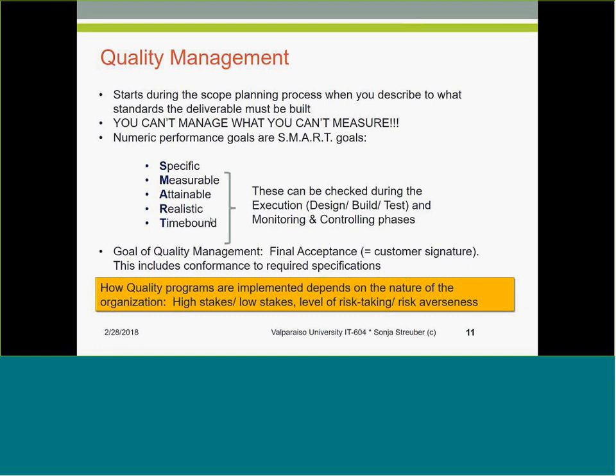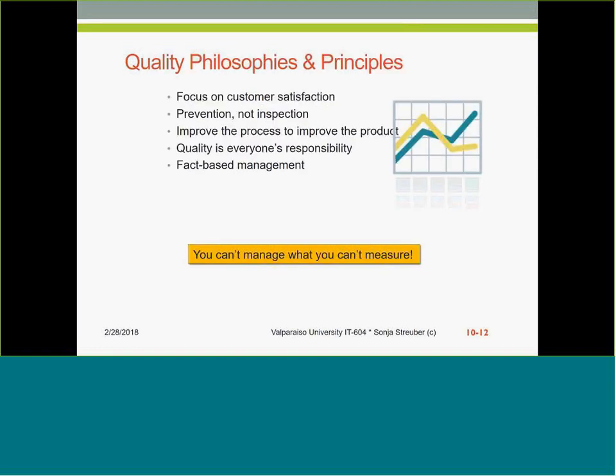The whole idea of quality management at the end of the project, or in the middle if you're in an agile format, is to make sure the customer signs off on the line that says, yes, I accept the output of your project, whether that is a large installation at the end of the project if you're choosing a big delivery, or whether that is just an incremental delivery at the end of an agile cycle.